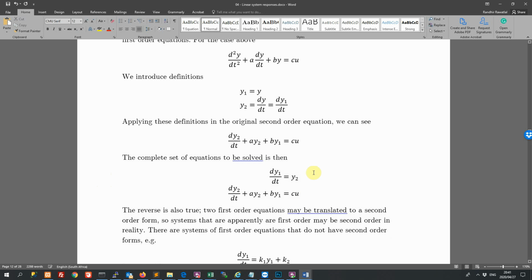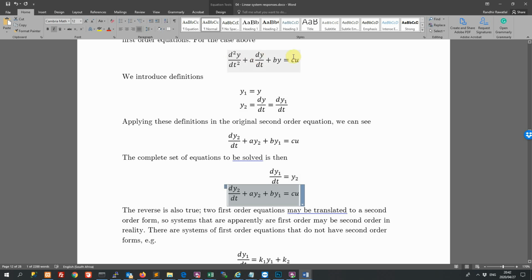It might be that your original model looked like this. Imagine you had two concentrations in the reactor, and the first concentration was changing according to this rule, and the second one was changing according to this rule. Implicitly behind these two equations, there is a second order relationship.